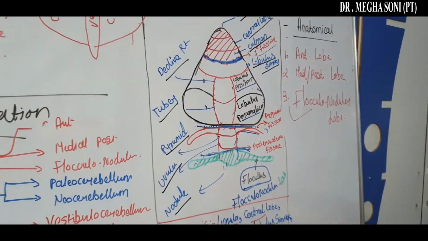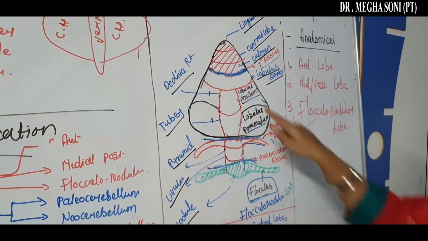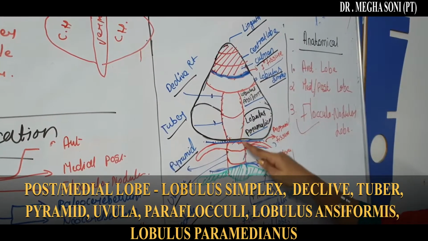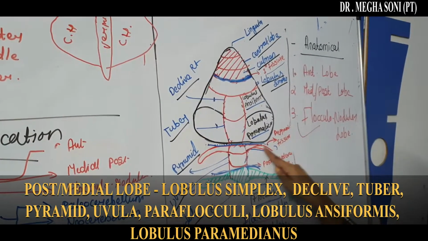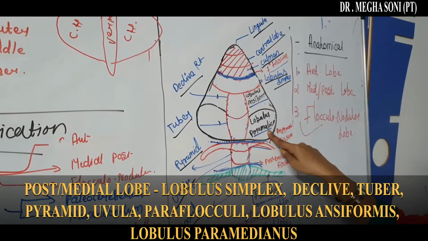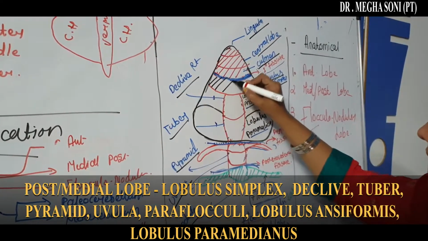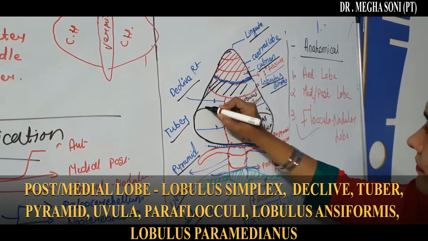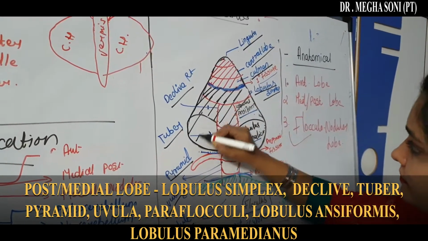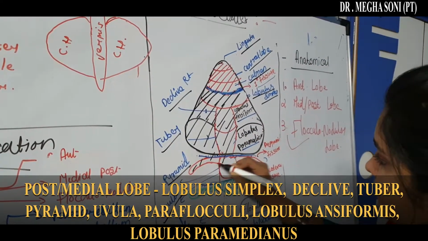The medial and posterior lobe consists of lobulus simplex, declive, tuber, pyramid, and these are paraflocculi, lobulus ensiform and lobulus pyramidal. Fine. So we call this the posterior lobe or medial lobe.